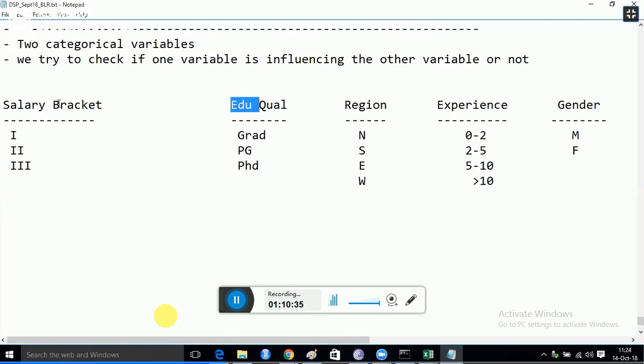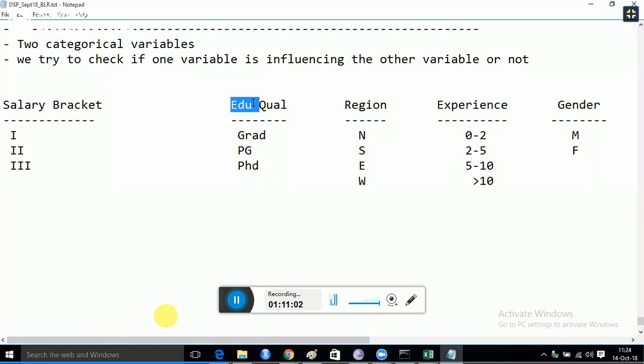Salary bracket versus educational qualification. In business terms, do you think educational qualification affects salary bracket? How? The more qualified you are, the more salary you might get. So that's one assumption. Or region. Does it affect your salary?